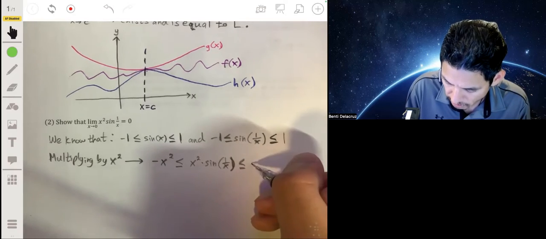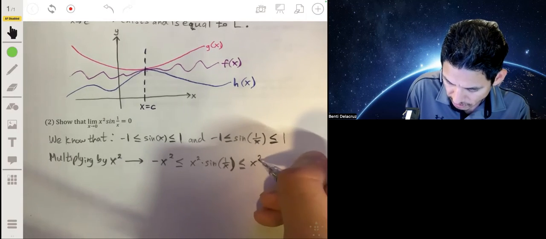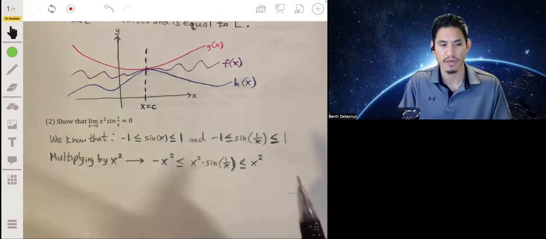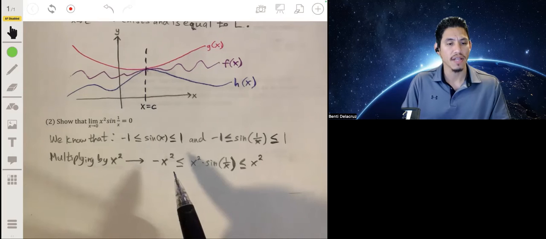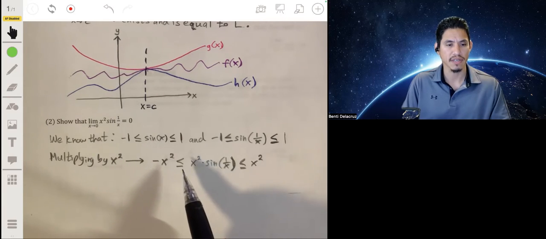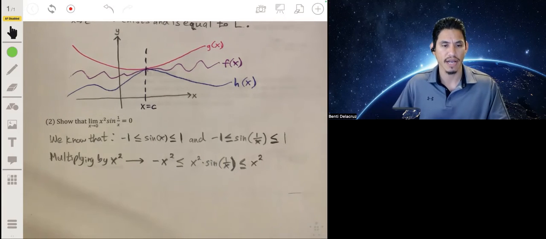And 1 will be multiplied times x squared, so it'll be x squared. So negative x squared is less than or equal to x squared times the sine of 1 over x, which is always less than or equal to the positive x squared function.